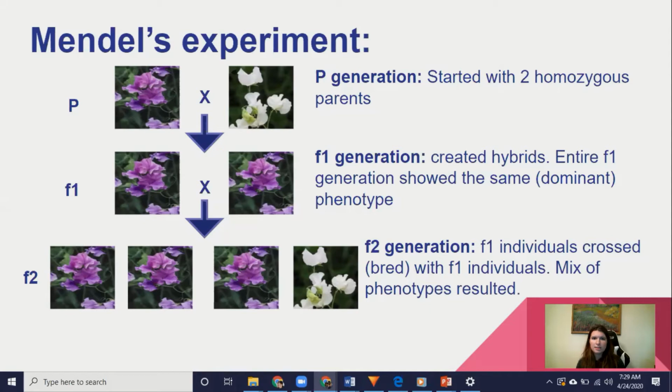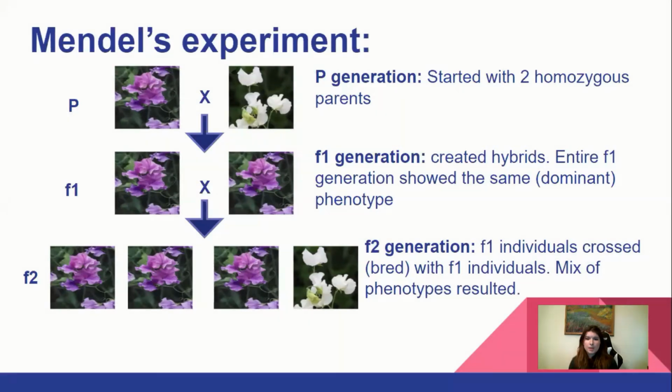Now, when he crossed these two pea plants together, so the purple one with the white one, he got what he called the F1 generation. So in the F1 generation, which he knew were hybrids containing one purple gene and one white gene from the two parents, he saw only one phenotype. They all had purple flowers. They all shared the dominant phenotype.